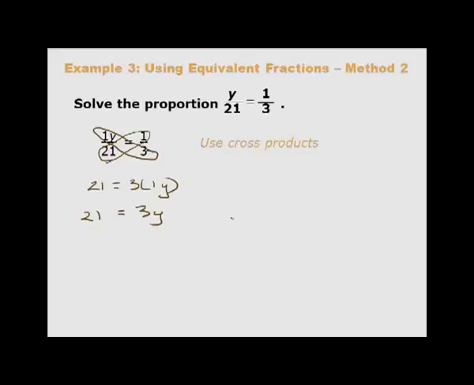Since we have 3y equals 21, we're going to divide both sides by 3. So 21 divided by 3 is 7 equals y. And notice we have the same solution. Two different methods to find the same solution, and you need to pick which one is more suitable.